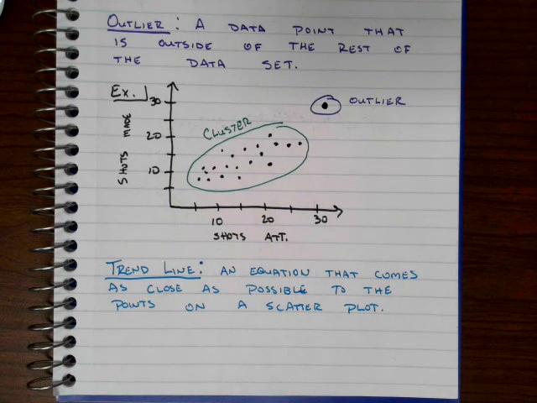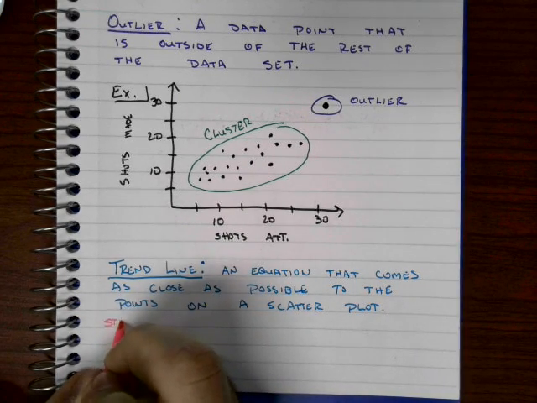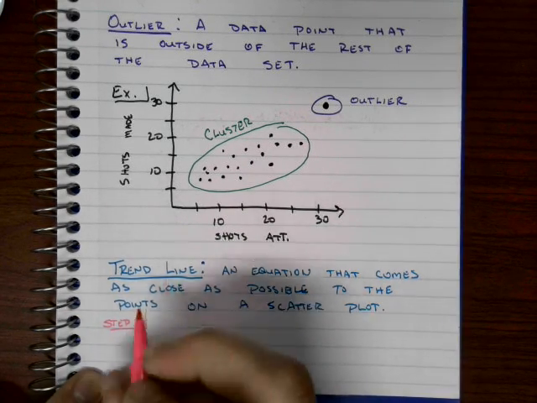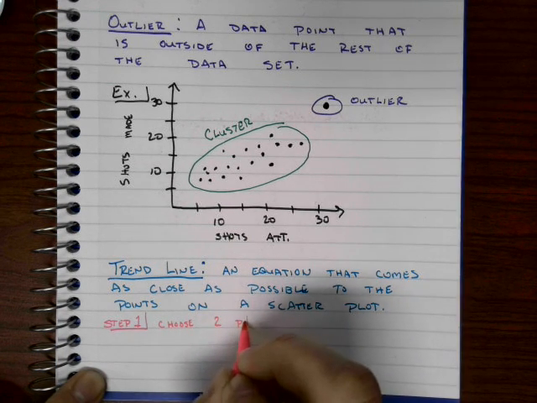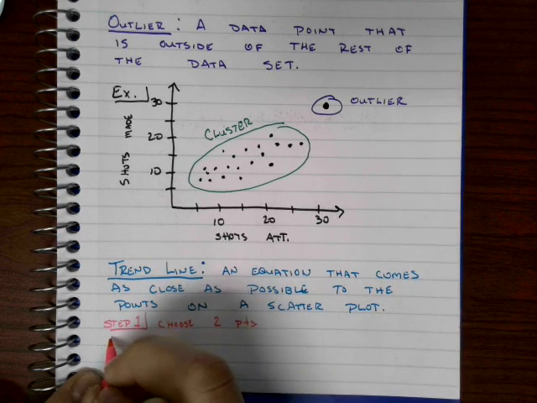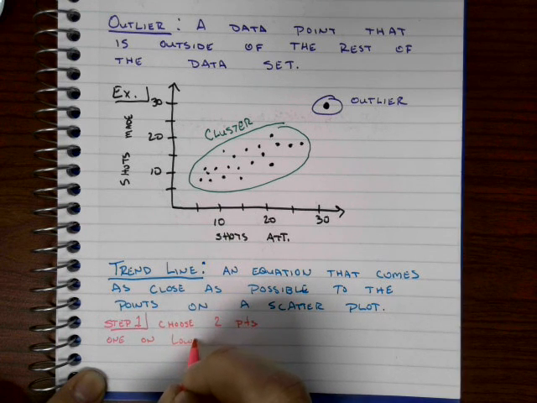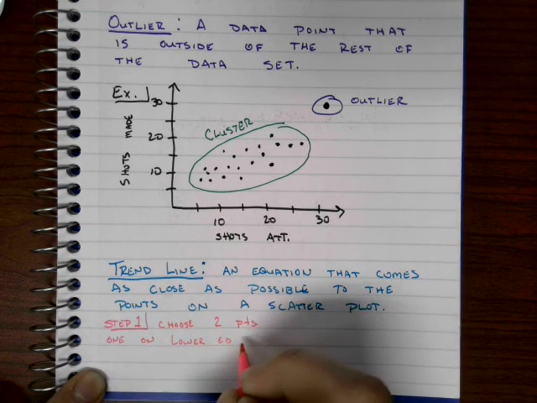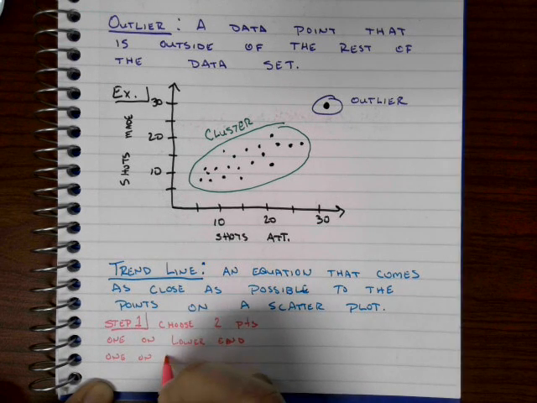Okay, so let me write my steps here. If we're finding a trend line, step 1, we're going to choose 2 points, one on the lower end and one on the upper end.